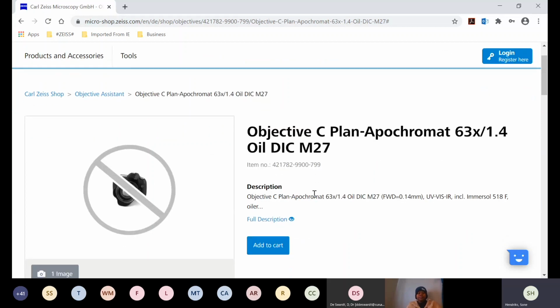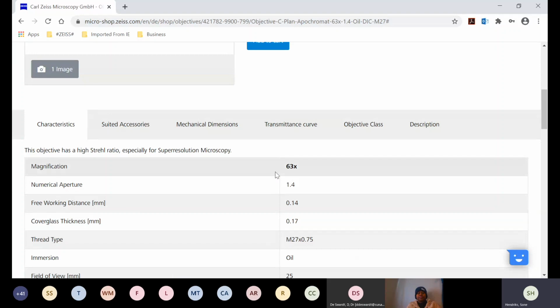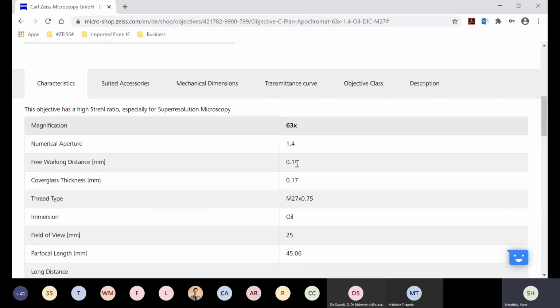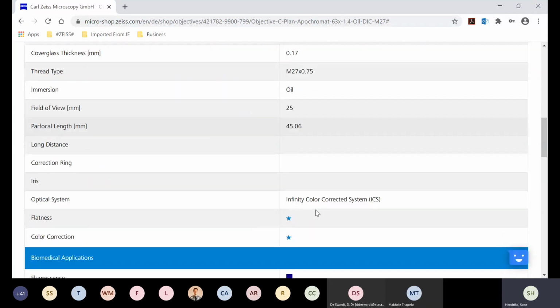If you then go to that objective and you go to the full description and the characteristics, you can see all the information on any objective in our portfolio. So here it gives you the magnification, numerical aperture, the free working distance, the type of thread and so on, the field of view that you see with this and the parfocal length of the system.